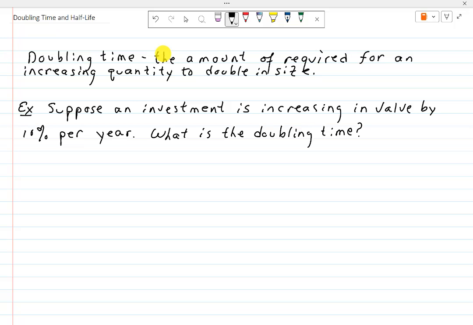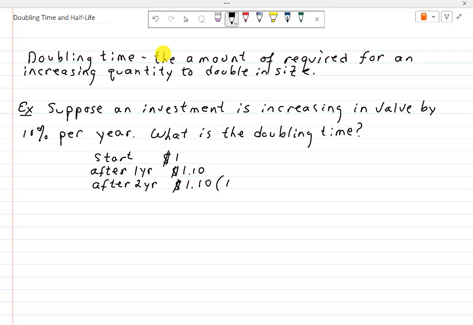Basically, let's say I've invested $1. So that was my start. Now, if it's increasing by 10% per year, that means after 1 year, I have $1.10. And then after 2 years, we're going to take the previous one. Here's how you get it to work.